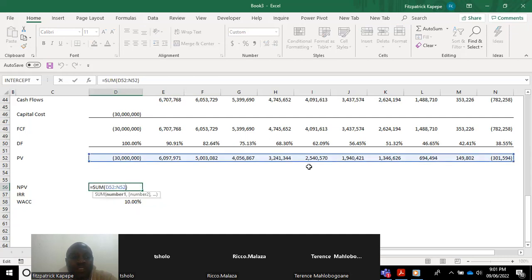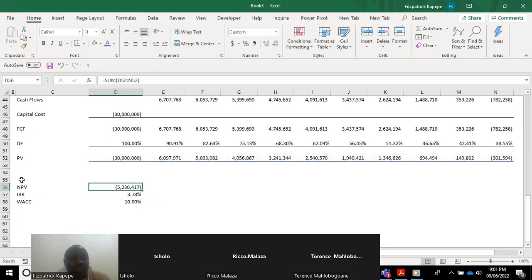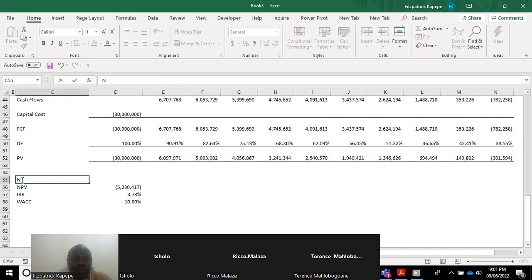I used the PVs. But depending on how your template is structured, if it's not mandatory that you should do your PVs like that, I wouldn't waste time. All I would do would be this. NPV formula. I would come in there and pick the capital cost, this is free cash.